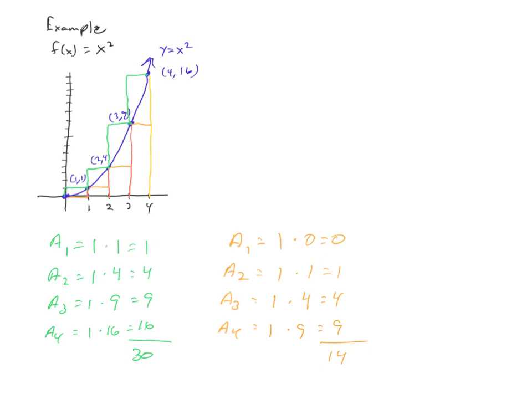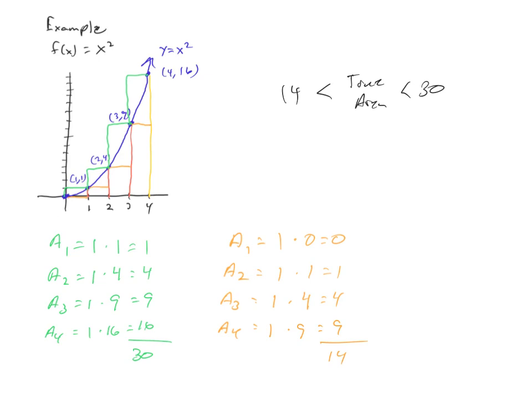We know when you use 4 rectangles, I am not going to get a sum that's lower than 14 or bigger than 30. In other words, I know that the true area is somewhere between 14 and 30.